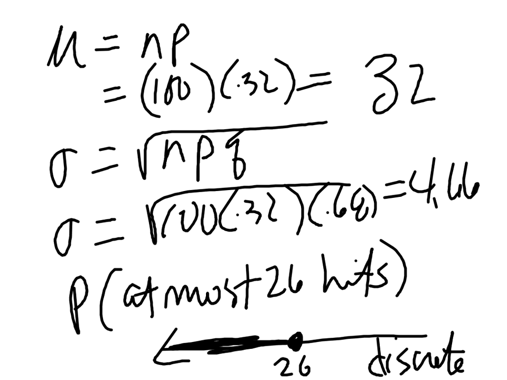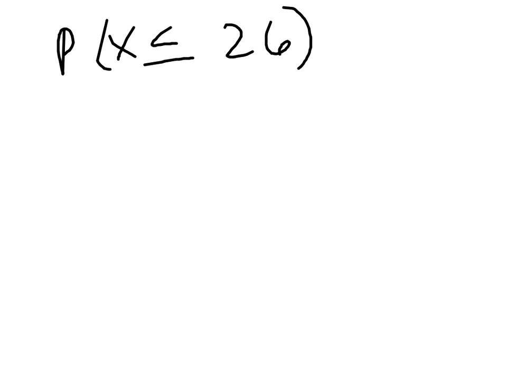And the purpose of this lesson is to let us know that we can use the normal distribution tables, but then we have to make a correction for at most, okay? And another way of thinking of at most, I'll write on the top of the next page here, would be x less than or equal to 26.